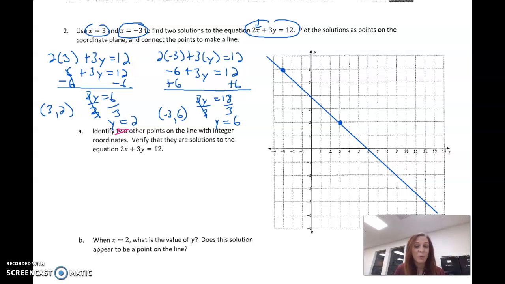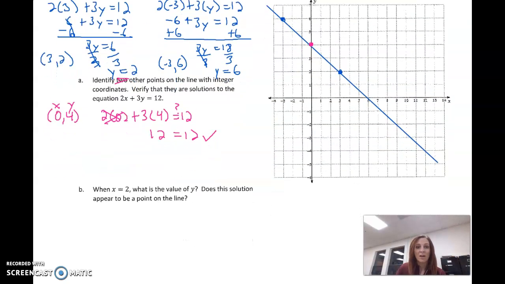So let's maybe look at the point 0, 4. This is my x value, this is my y value, and I'm going to plug it in. 2 times x, which is 0, plus 3 times y, which is 4. Does that equal 12? Well, that's 0, and 3 times 4 is 12. So yes, 12 equals 12. It checks.